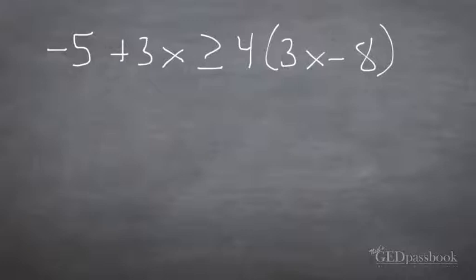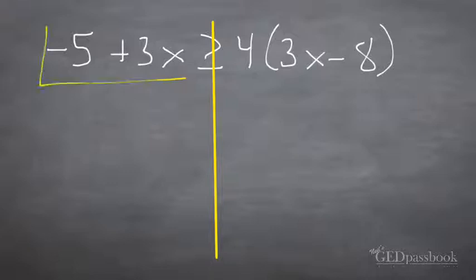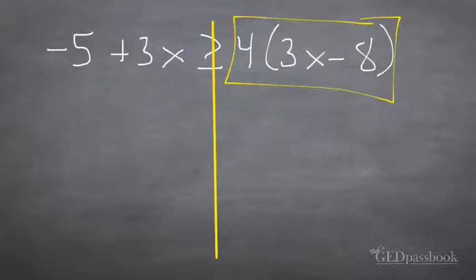What's my step number 1? Build that wall at the inequality sign, versus yesterday where we were building it on the equal sign. Look at each side. Is there anything to do on this side? Negative 5 plus 3x? No. Move on to the next one. Is there anything I could do on this side? Well, yeah.